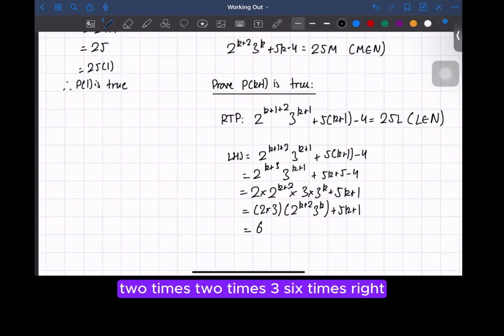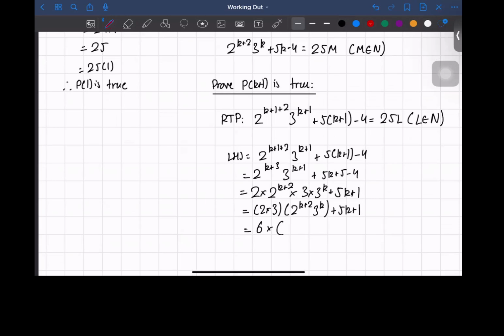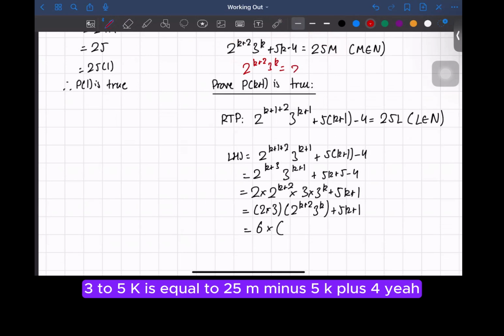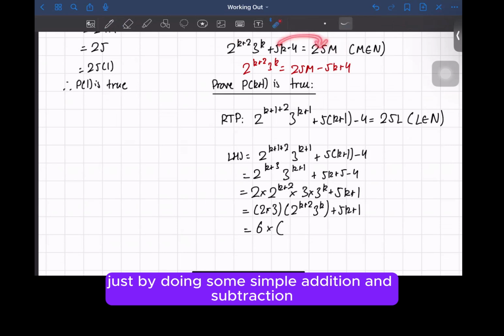So what's that going to look like? 2 times 3 is 6, times... I know from up here that 2 to the power of k plus 2, times 3 to the power of k, is equal to 25m minus 5k plus 4, just by doing some simple addition and subtraction.